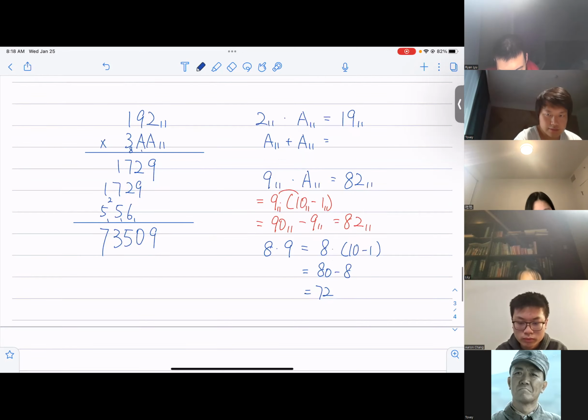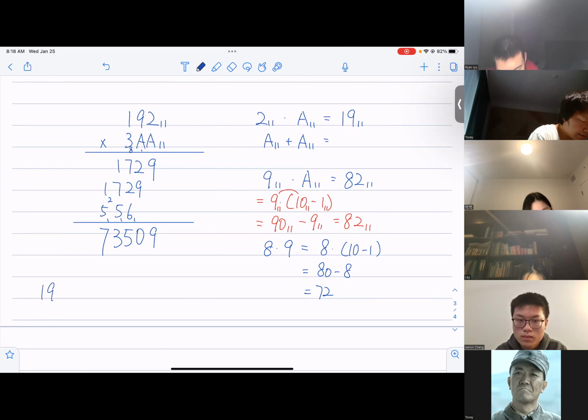Okay, and also since we observe that here we have 3AA, you can also do this question by this. 3AA plus 1 is 400 in base 11, right? So you can also do 192 in base 11 times 400 in base 11 and minus 1.